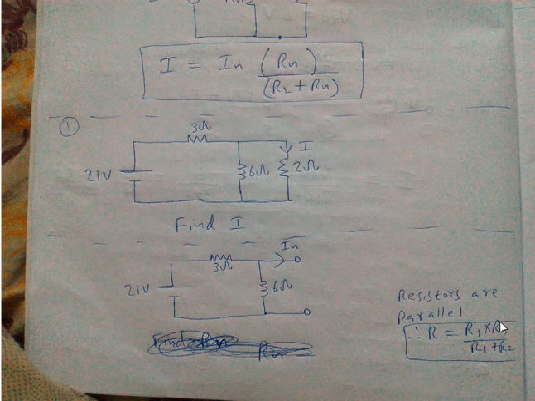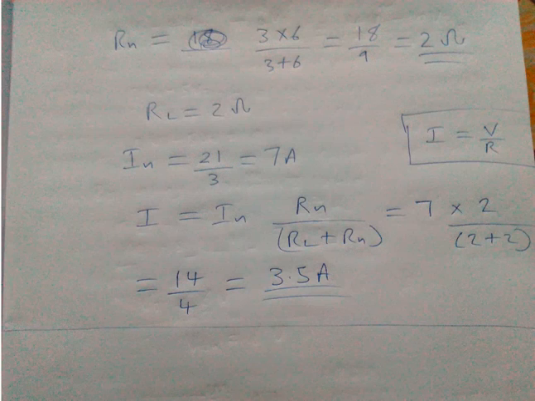So 3 into 6 divided by 3 plus 6, that is 18 divided by 9, so 2 ohm is Rn here. You can see that Rn is equal to 2 ohm.